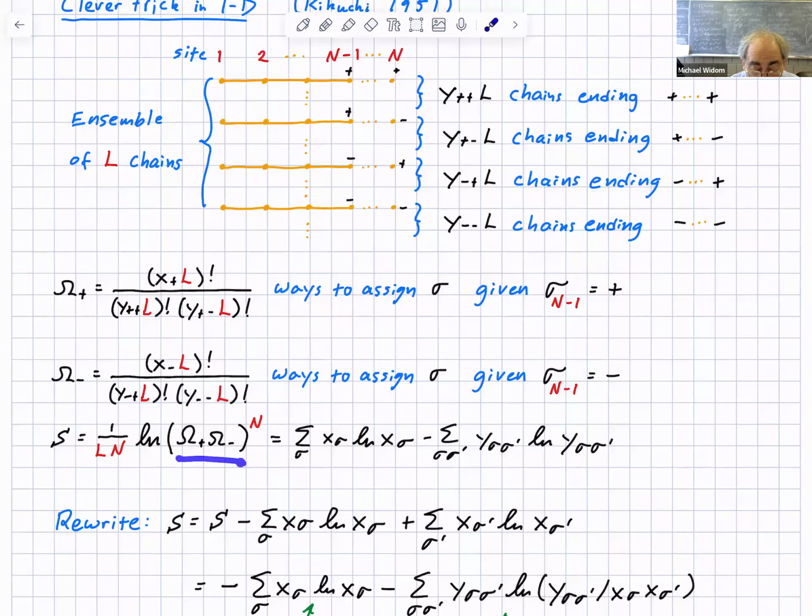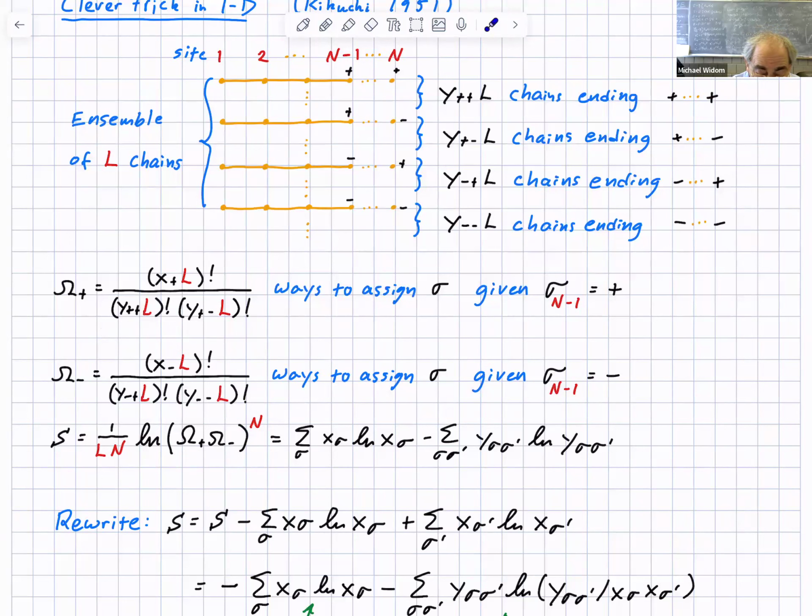The total entropy is the product of those combinatorial factors raised to the n spins. By the way, I should say that this combinatorial factor is how many ways you can add a plus or minus spin to a plus sign. And this one is how many ways you can add a plus or minus spin following a minus spin.